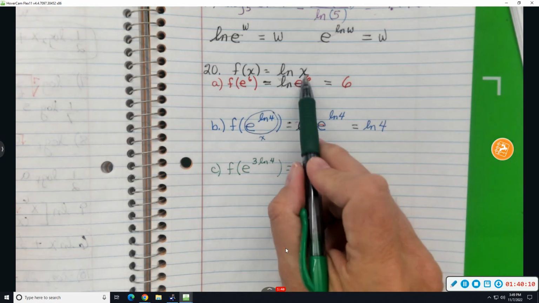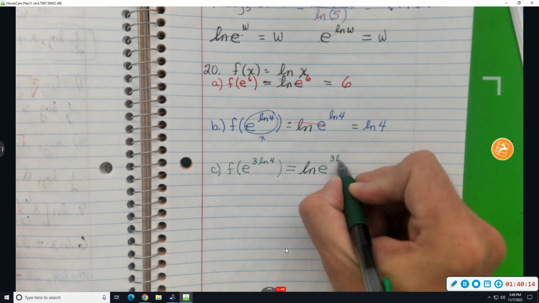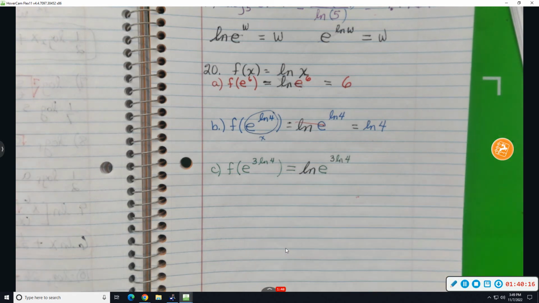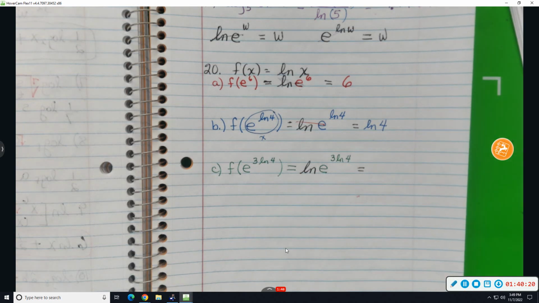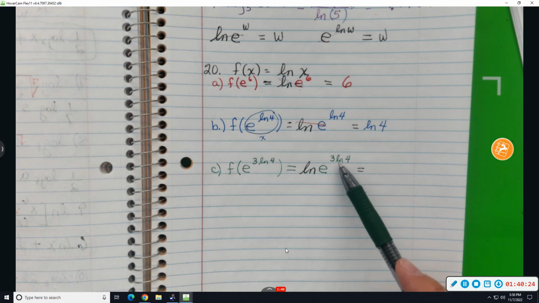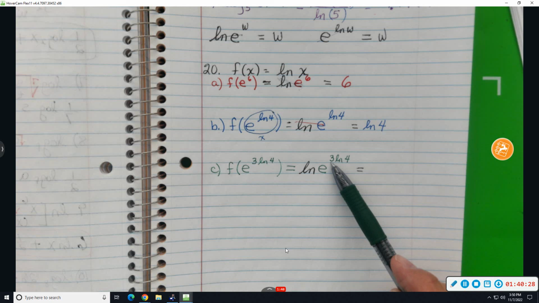If I replace the black x with the green e to the 3 ln 4, here there's only one way to cancel. You cannot cancel the green e and the green ln 4 because there's something between them, that 3.